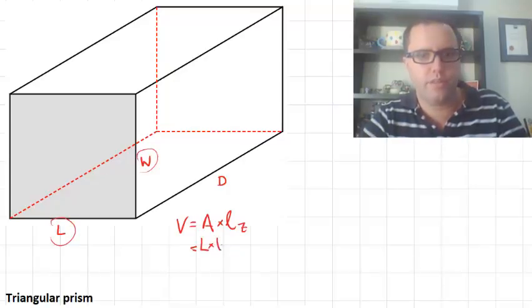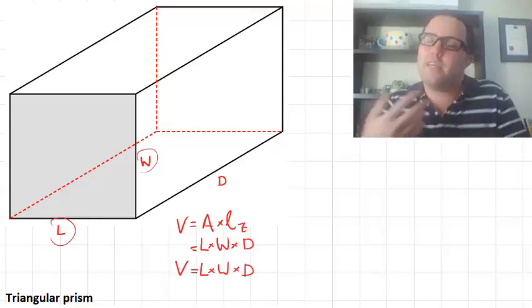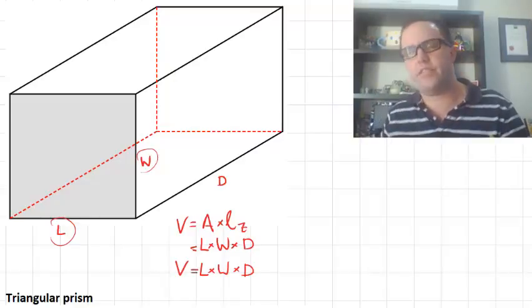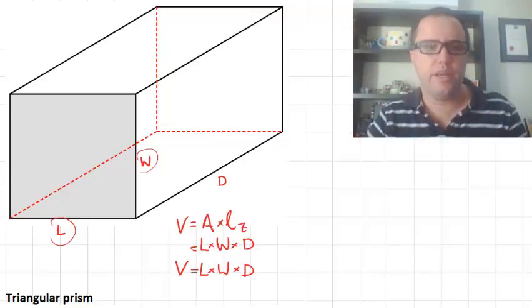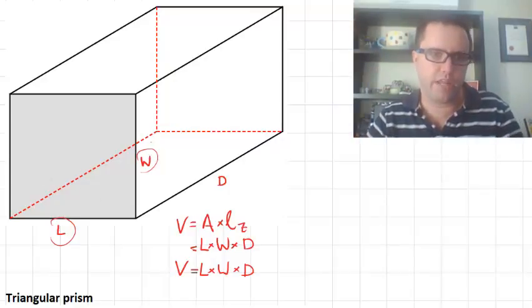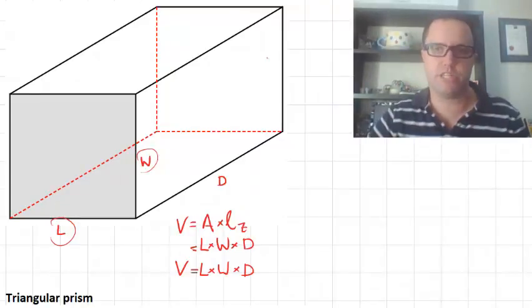Length times width times the distance it goes back, which is that depth. So length times width times depth is another way you can talk about the volume. Length times width times depth, base times width times height, however you're going to go with it. Just that idea that you're multiplying a certain area by that distance that's being projected.